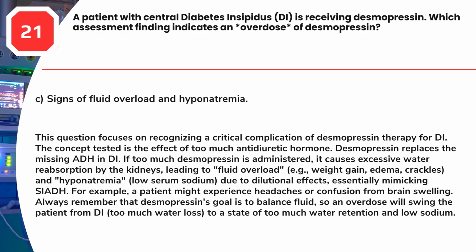If too much desmopressin is administered, it causes excessive water reabsorption by the kidneys, leading to fluid overload, e.g., weight gain, edema, crackles, and hyponatremia, low serum sodium, due to dilutional effects, essentially mimicking SIADH. For example, a patient might experience headaches or confusion from brain swelling. Always remember that desmopressin's goal is to balance fluid, so an overdose will swing the patient from DI, too much water loss, to a state of too much water retention and low sodium.